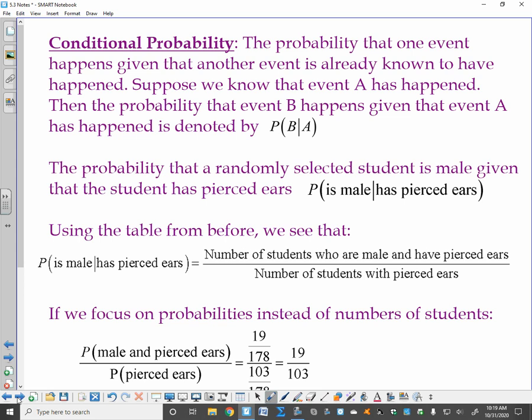So the probability that a randomly selected student is male, given that the student has pierced ears, is the probability is male, given he has pierced ears.